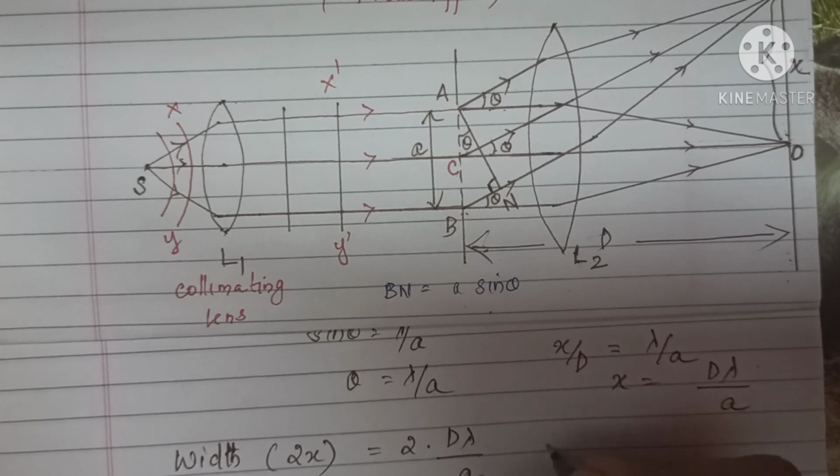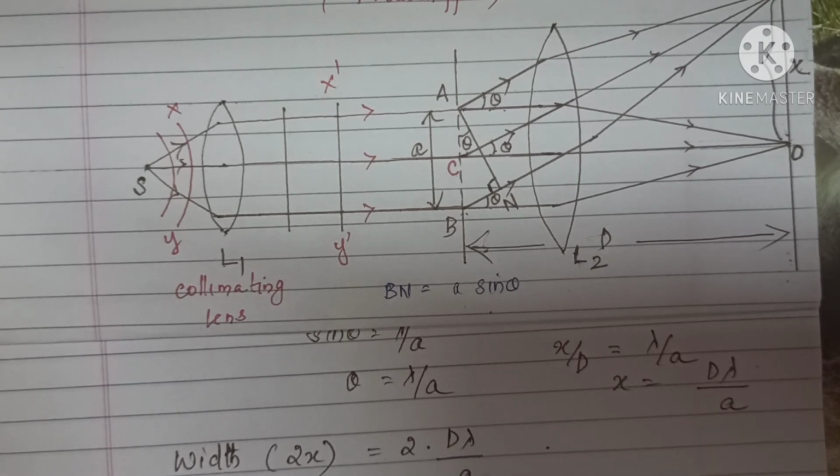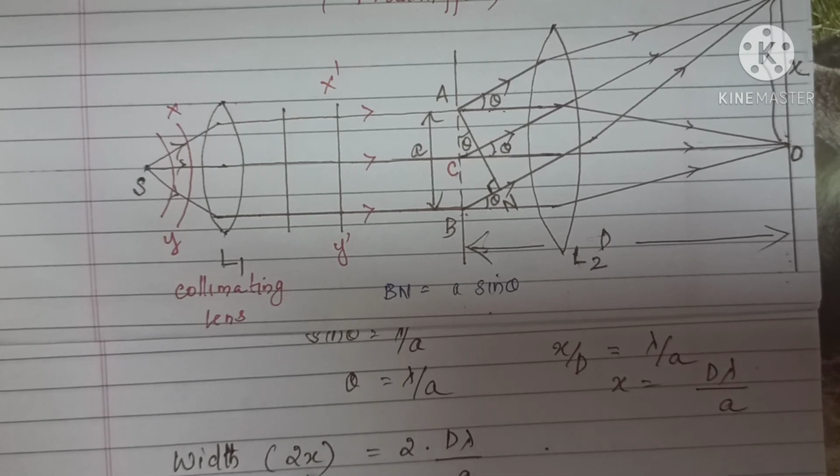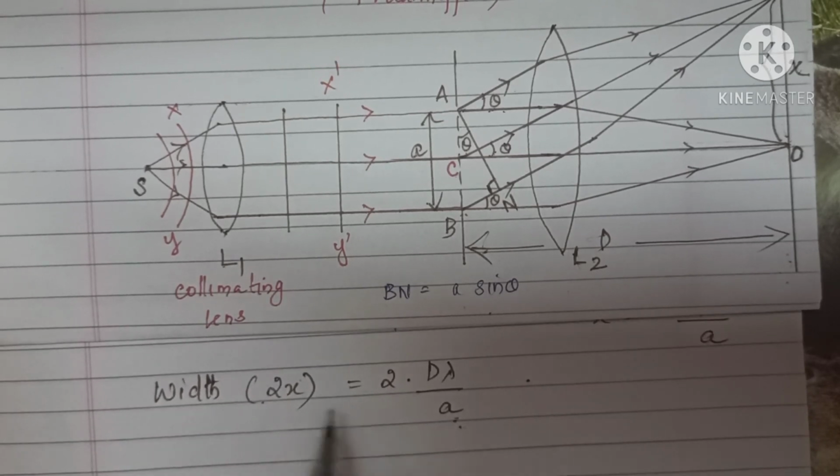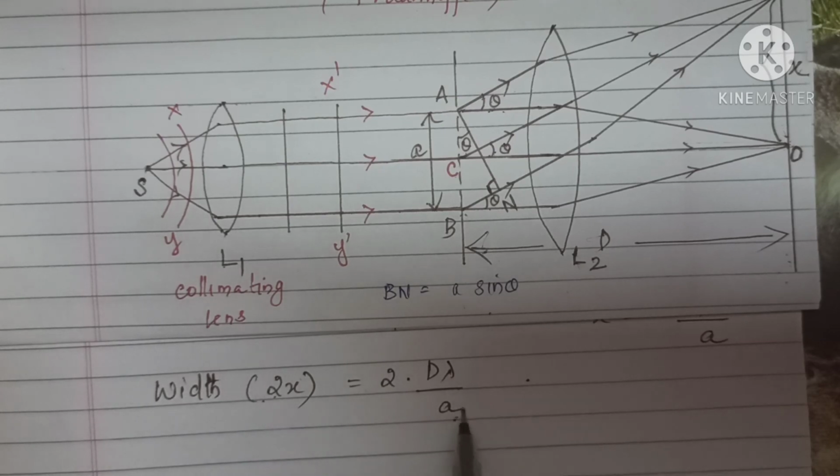Now from this equation you can see that this is inversely proportional to the slit width a. So if the slit width a increases, what happens to the width of the central maximum? Yes, it will decrease. So the width of the central maximum will decrease if the slit width increases.